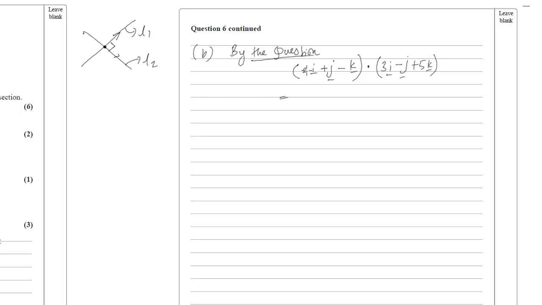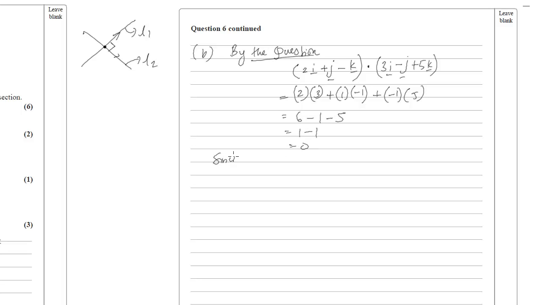So what we get here is 2 into 3, we don't have to write the i, plus coefficient of j is 1 and the other coefficient of j is minus 1, plus coefficient of k is minus 1 and the other coefficient of k is 5. So this is going to be 6 minus 1 minus 5. 6 minus 5 is 1, minus 1 equals 0.